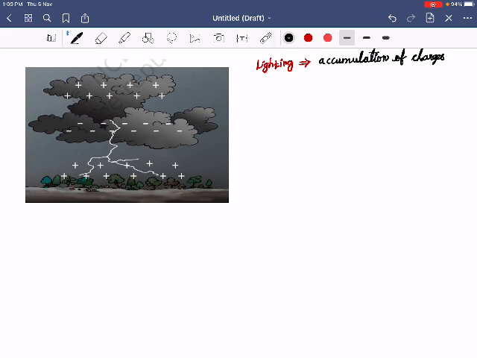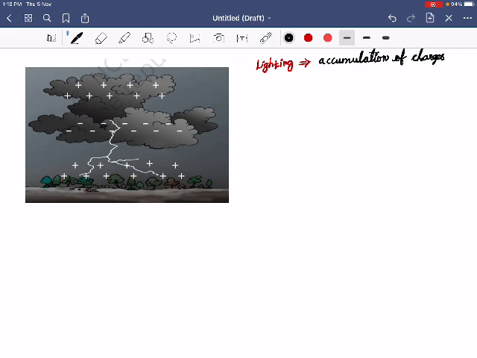You know that air is a conductor or an insulator. You have heard that air is an insulator. But what happens during thunderstorm and lightning? First you have to know that the cloud has a lot of charges.